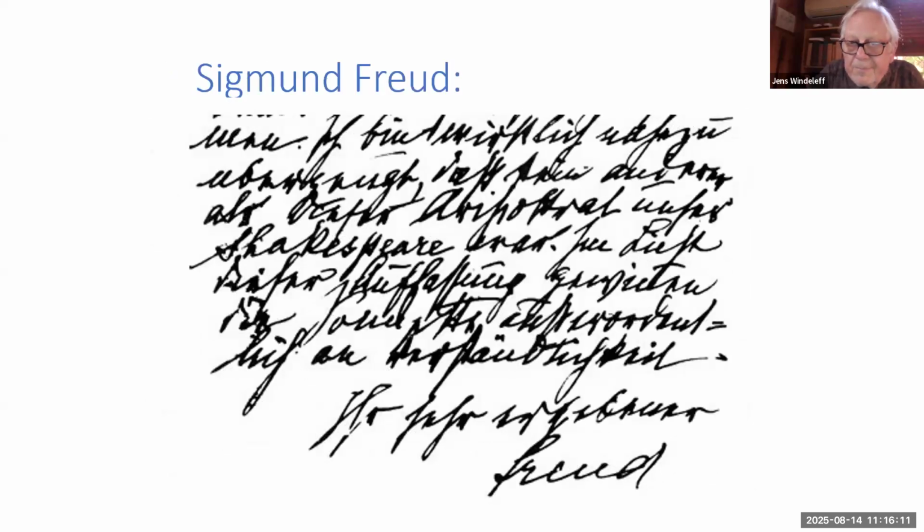Here we have Freud, and you see these very hard angles. He's a man you need to be friends with. He's not a good man to be in opposition to.